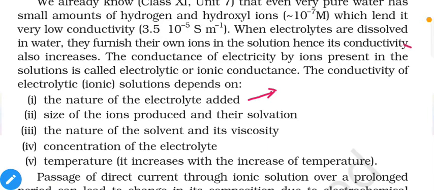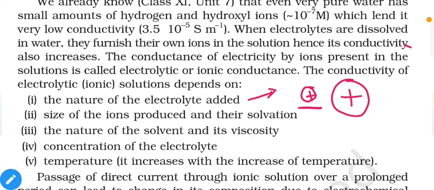Now, size of ions. Suppose you have two different solutions having the same type of negative ion and a different type of positive ion. One positive ion is small, carrying plus 1 charge, and the second one is large, also carrying plus 1 charge. So obviously, when the ion tries to move inside the solution, the smaller size gives it an advantage. It can move comparatively faster because of its smaller size. That means it will feel less resistance or friction from the solution.